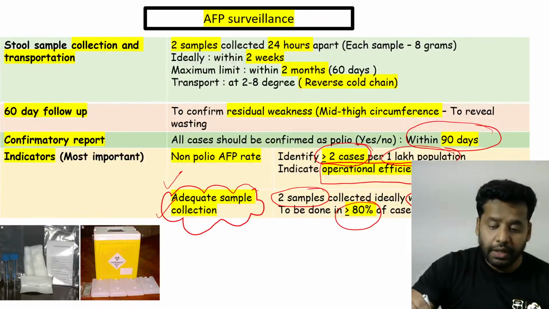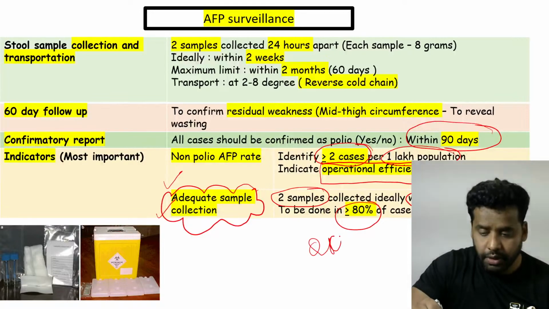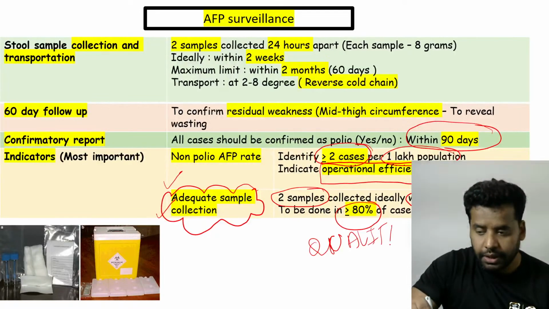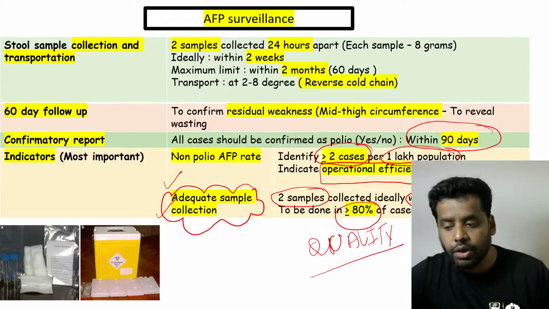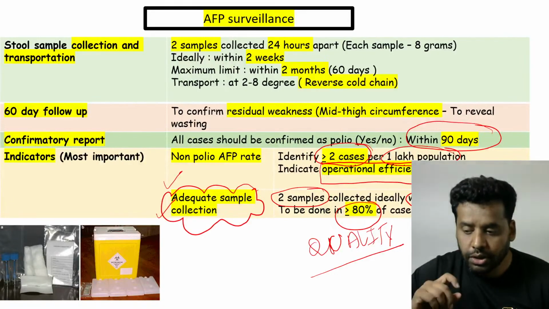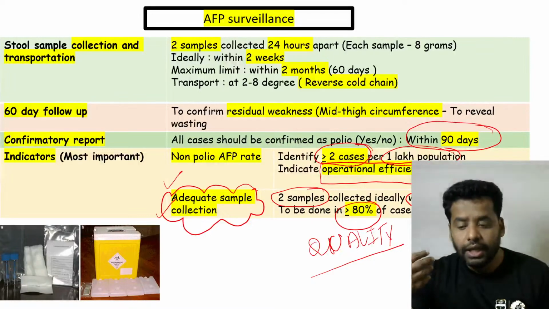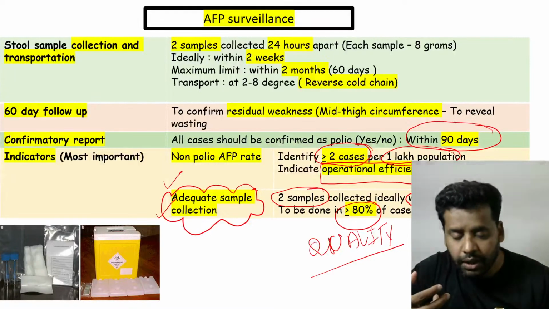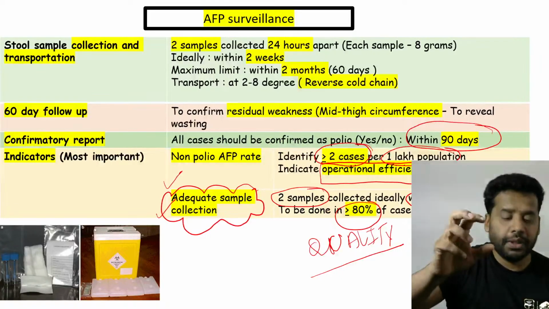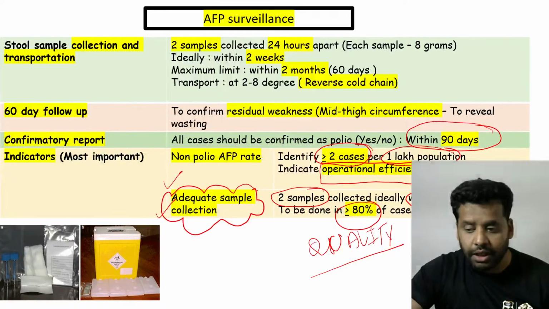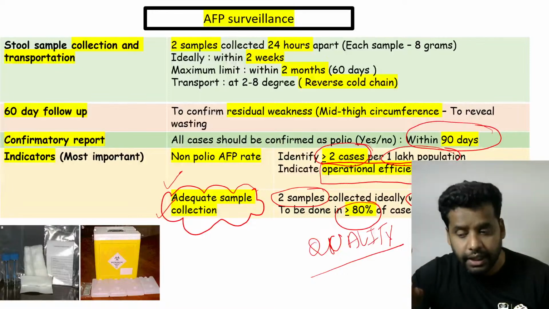This adequacy will indicate how good your sample is. Quality of sample collection. Remember my words properly. If the statement says adequate sample collection should be done from 100% of the cases, it is false. How much is the limit? 80. Good.